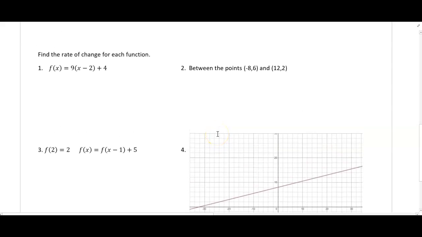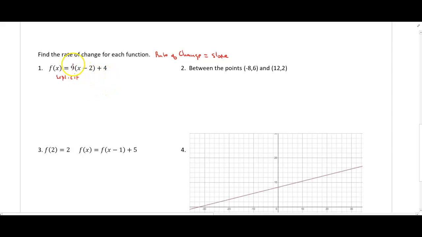Now, rate of change. Remember, rate of change is no different. Rate of change is basically the slope of a line. So when I look at this, right away, this is an explicit rule for a linear function, right?